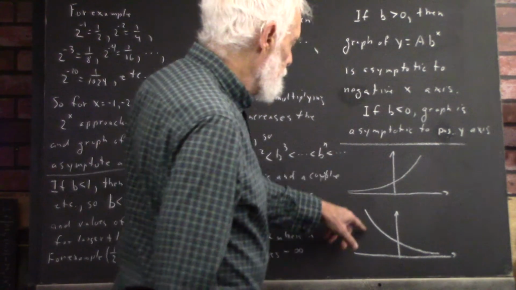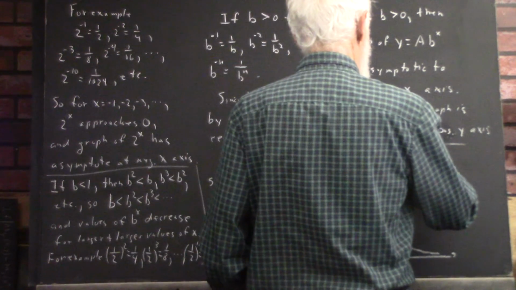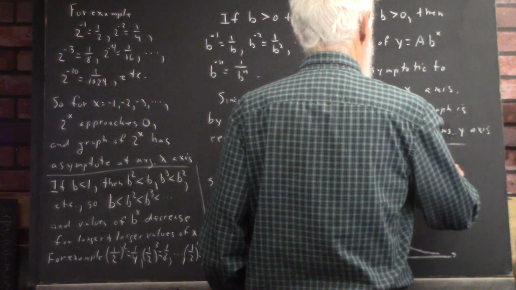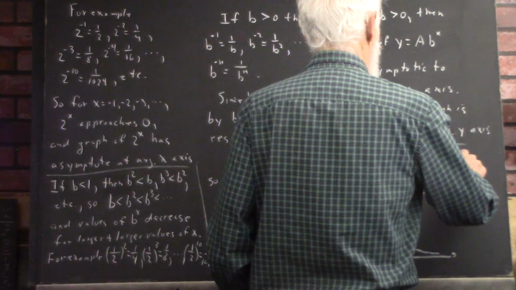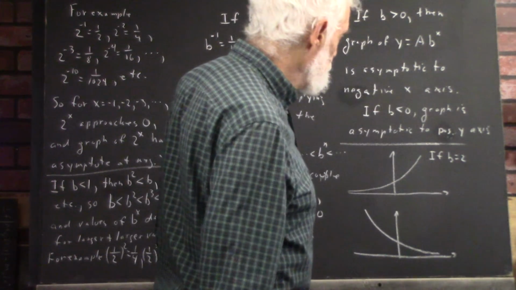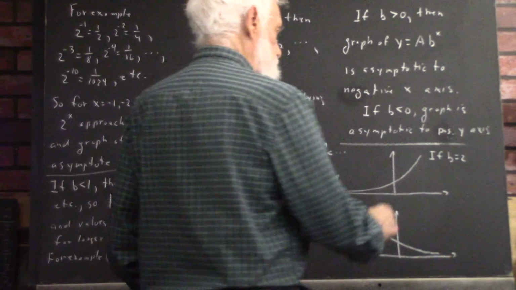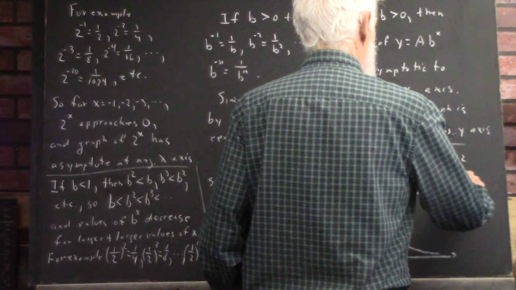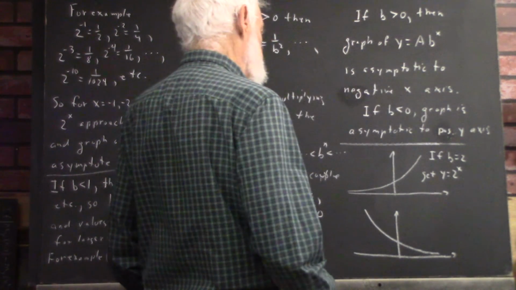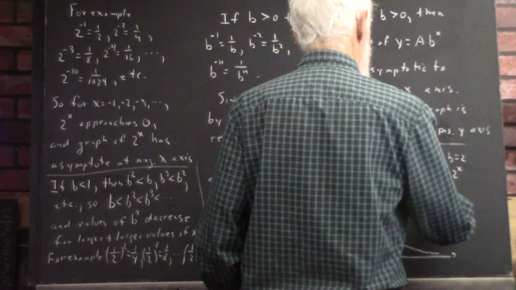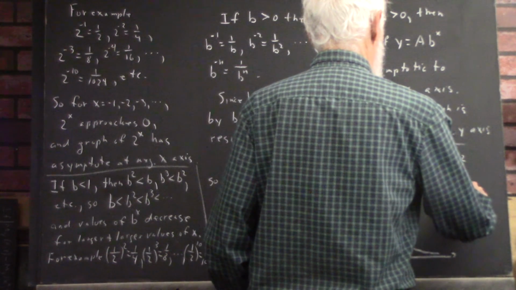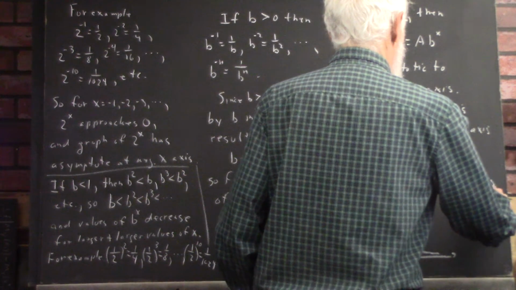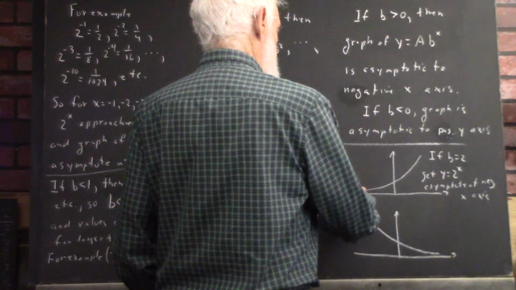Okay, so let's look at these. Just as an example, if b equals 2, we get our y equals 2 to the x function. Its asymptote is at the negative x-axis over here.